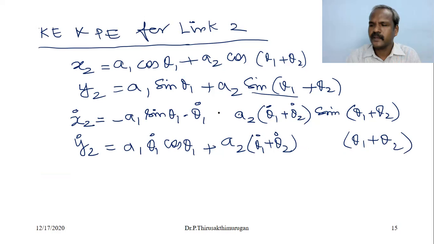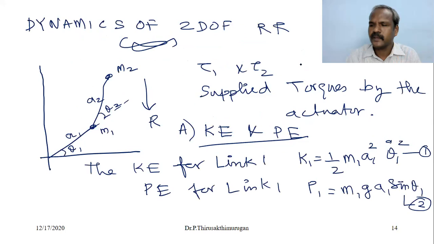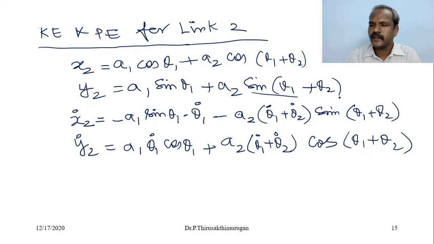See here, minus, here cos. Understand? Say this is equation number 1, 2, this is 3, this is 4, this is 5, and this is 6.